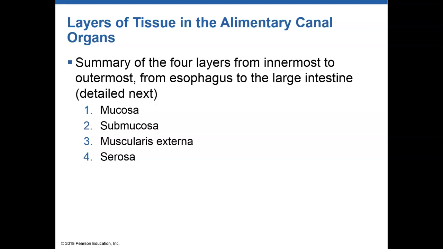We have a submucosal layer, which has some smooth muscles in it, and has some nerves in it. Then we have the muscularis layer, which has between 2 and 3 layers of smooth muscle, and then the serosa. The serosa is the outer layer of epithelium.